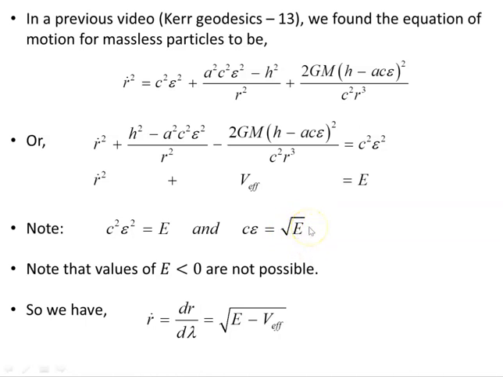But if you remember, with the massive particles, E could take on negative values. And that allowed those bound orbits, those beautifully bound orbits that precessed. Well, that does not happen here with the photons. They cannot take these negative values. So we're still going to have orbits of a sort. For instance, plunge orbits where it spirals into the black hole.